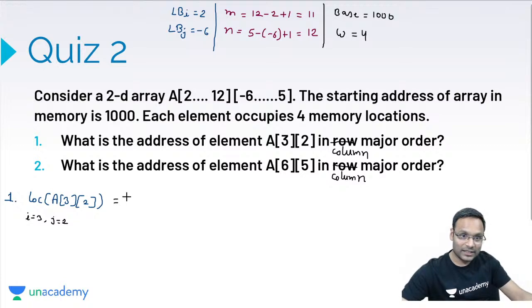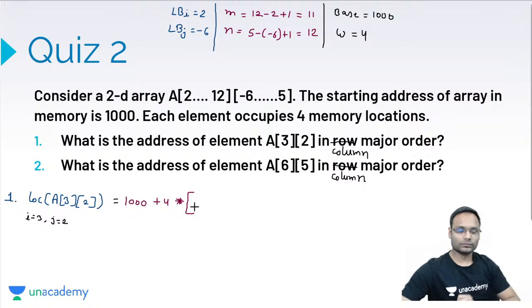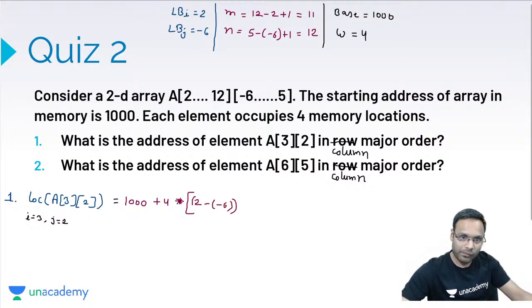Base 1000 plus W 4 into now column number 2 minus lower bound of column number -6, into how many number of rows are there in each column? 11 plus row number 3 minus row's lower bound 2.